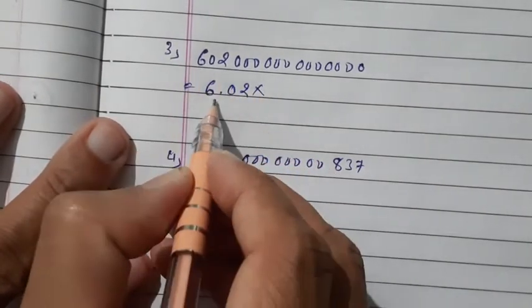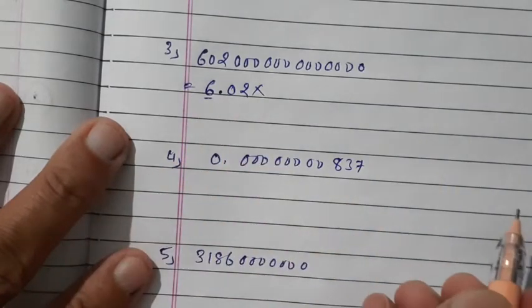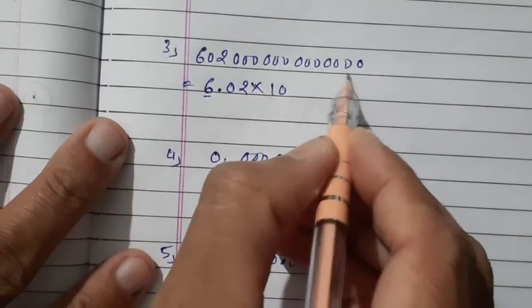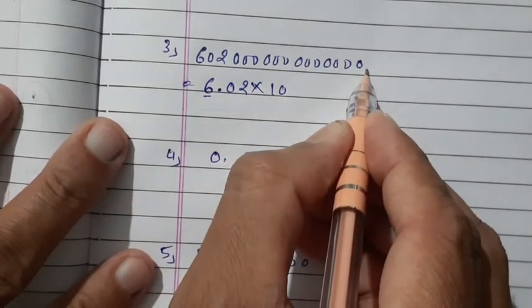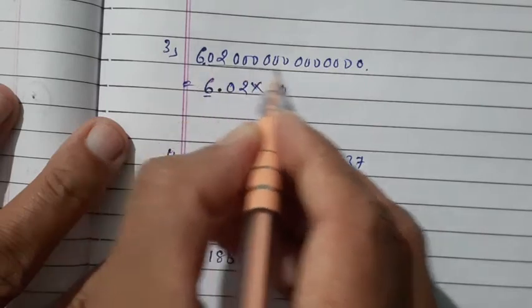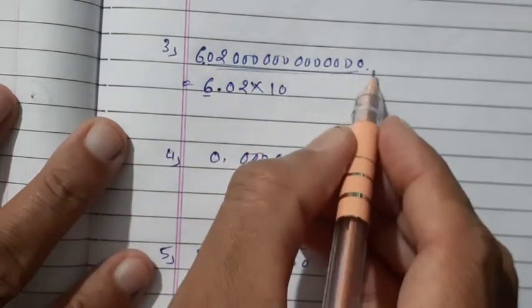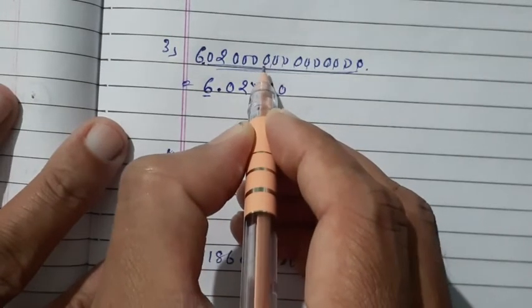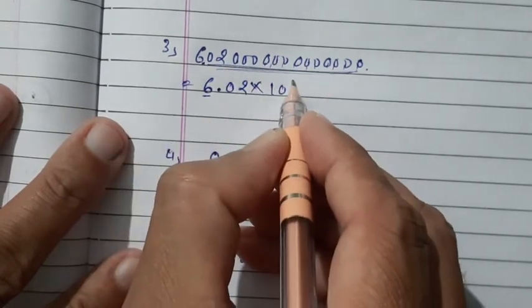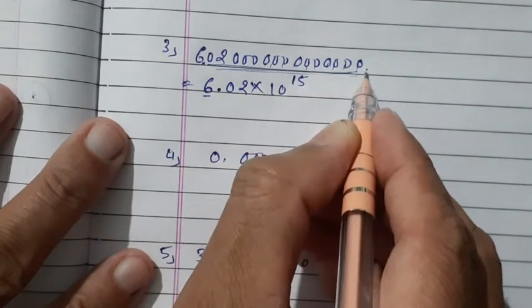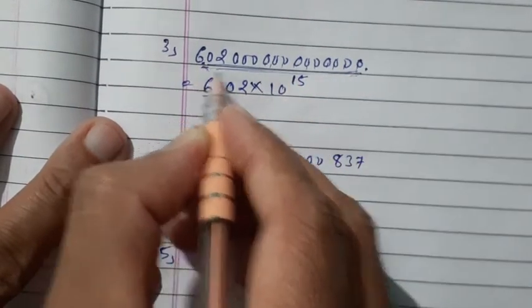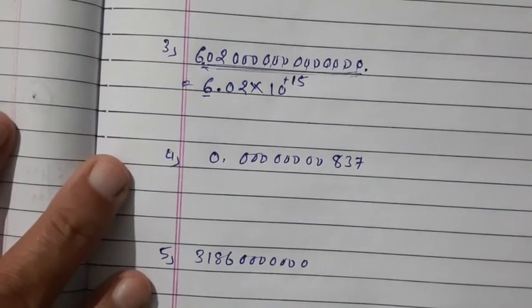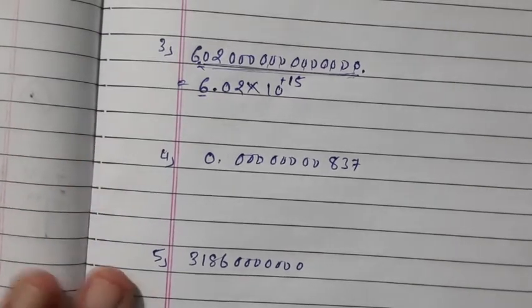Only one digit at the integer side, and 10 raised to, now here no decimal is there, means the decimal point is here and we need it here. So how many digits between those 2 points? Just count: 1 2 3 4 5 6 7 8 9 10 11 12 13 14 15. So 15, and we move to the left side, so the power is plus. So 6.02 into 10 raised to plus 15, otherwise 15.